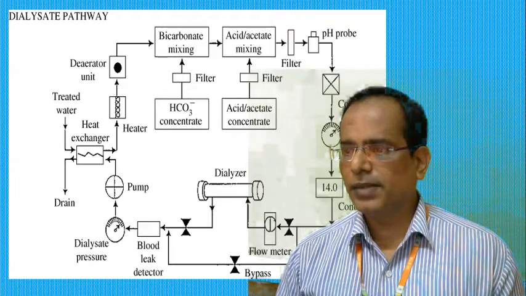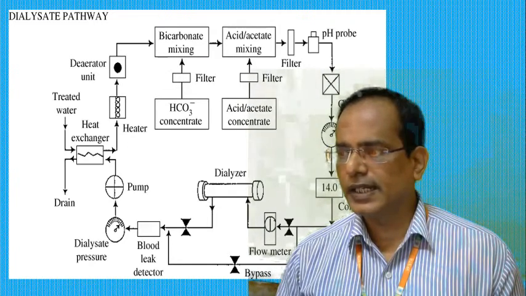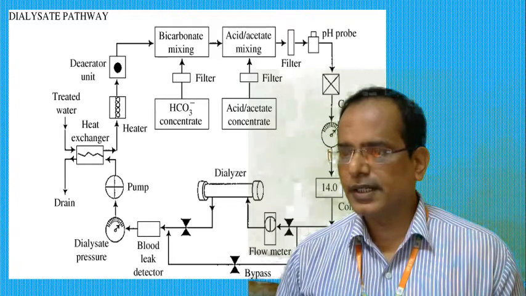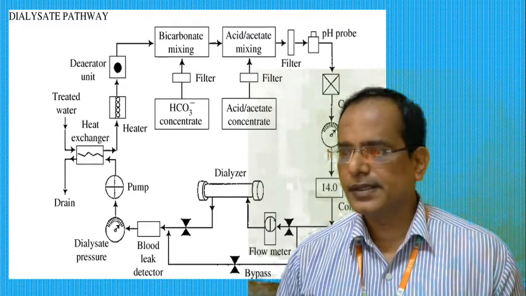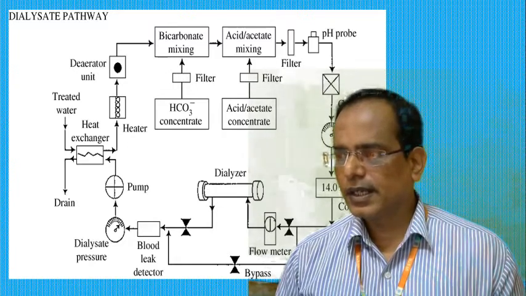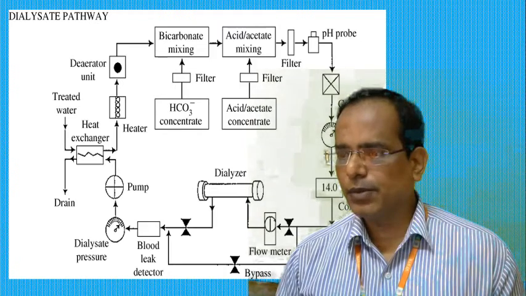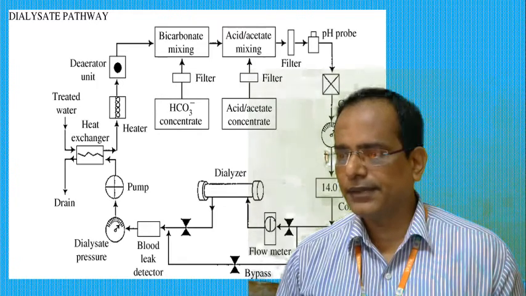Another problem common to both the hemodialysis unit and the pump oxygenator is that air bubbles cannot be tolerated in the blood re-entering the patient. This is air embolism, which may be life threatening.